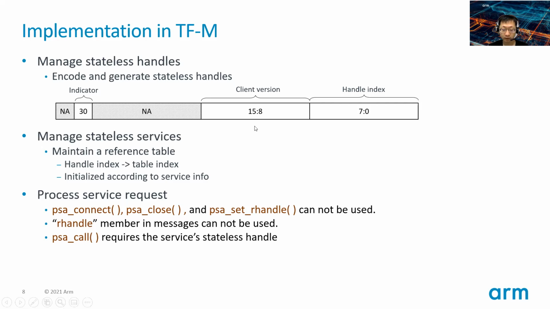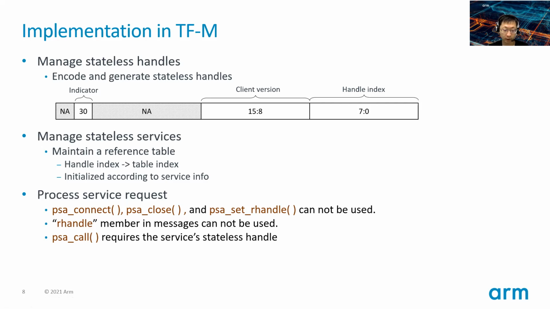The client version is required because SPM needs to check the version policy. Secondly, TF-M maintains a reference table for stateless services in SPM. The table is initialized at the service loading stage. While referencing a service from the table, the index in the stateless handle is used as the table index to find the correct stateless service.